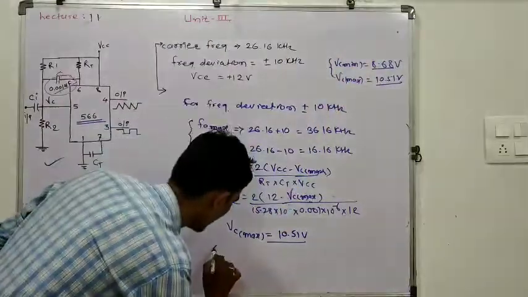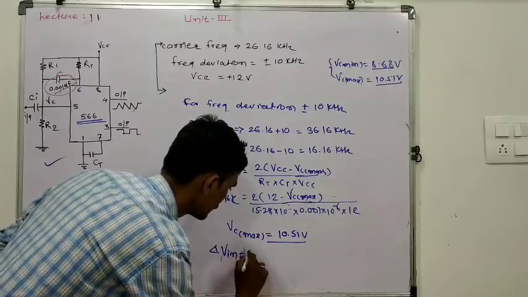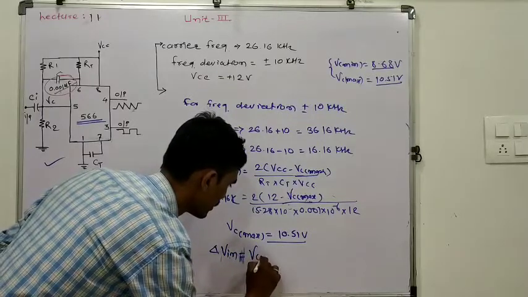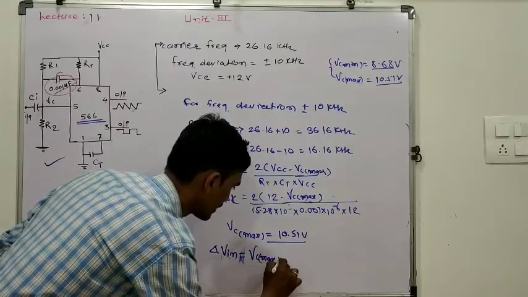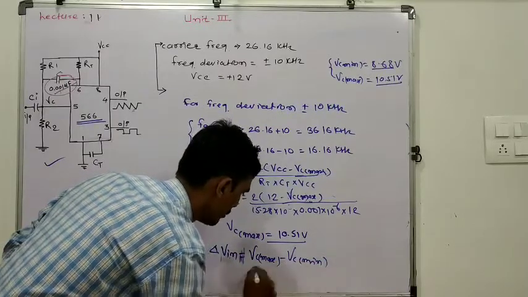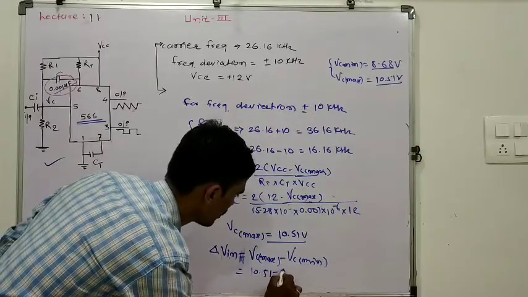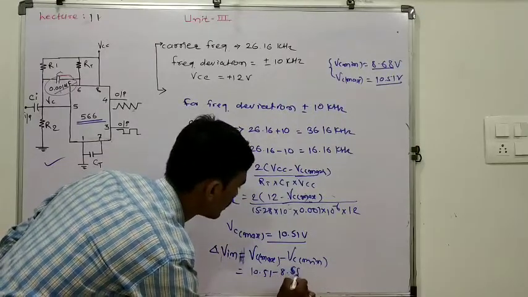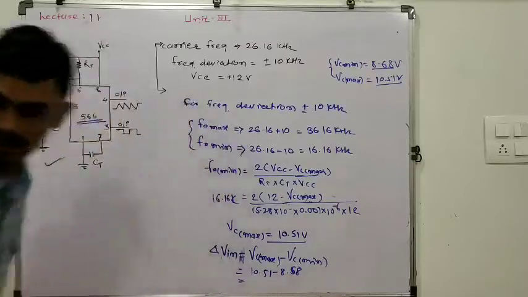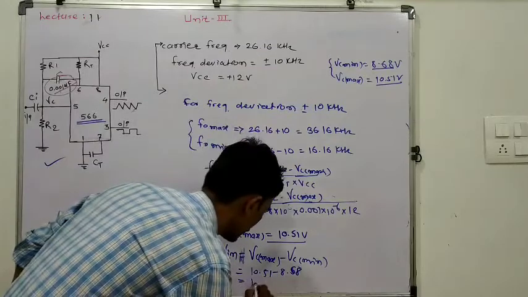So the change in Vin, del Vin, is Vc max minus Vc min, so it is 10.51 minus 8.68. So del Vin is 1.83 volt.